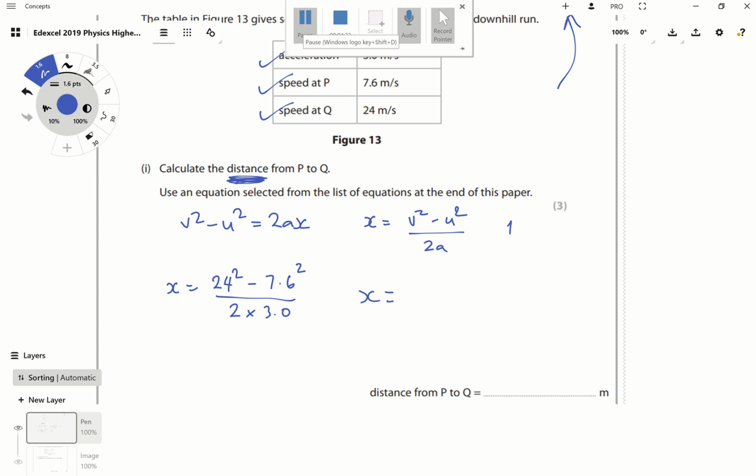Is going to equal, let's put that into my calculator again. Oh, there we go. Equals 86 meters.